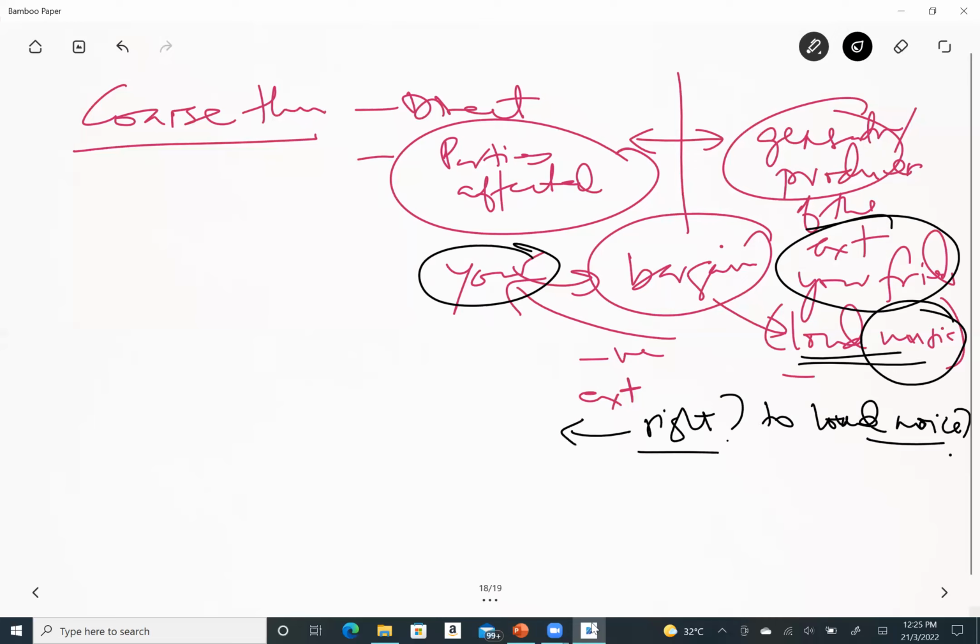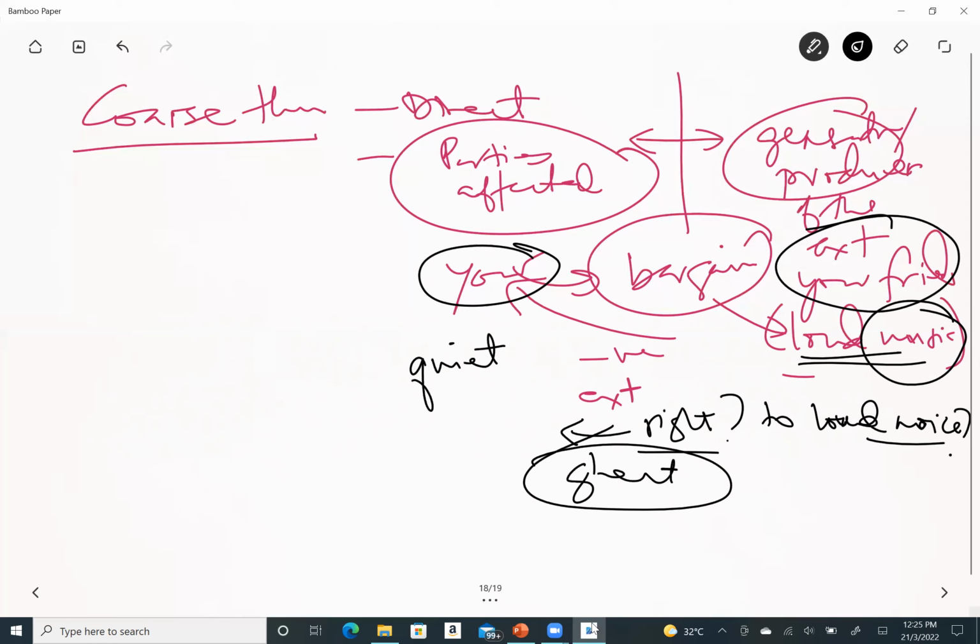This is what the government does. The government will just put a law. The right is on whom? Now, the right to loud noise, or the opposite of that, is what? The right to quiet. Now, who has the right?